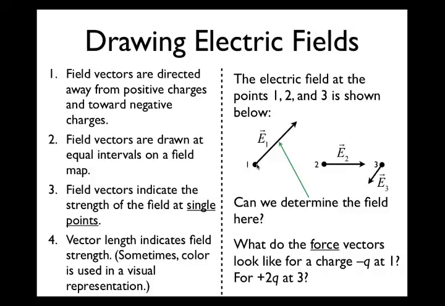So the force vector at point 1 is now going to point down and to the left on a charge of minus q, over straight to the left at point 2, and up and to the right at point 3.